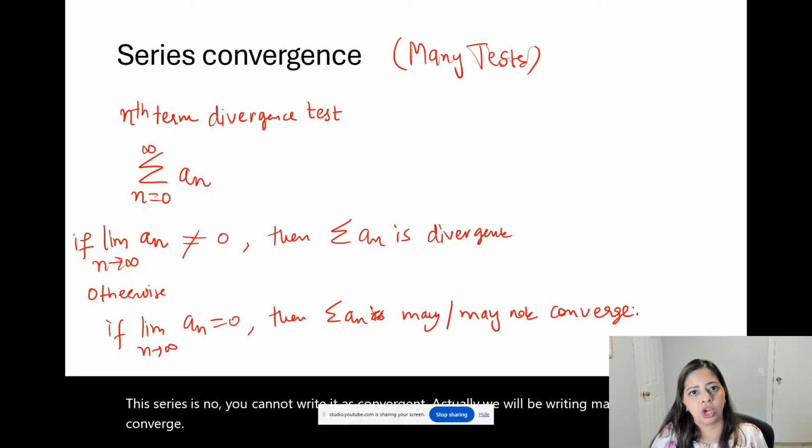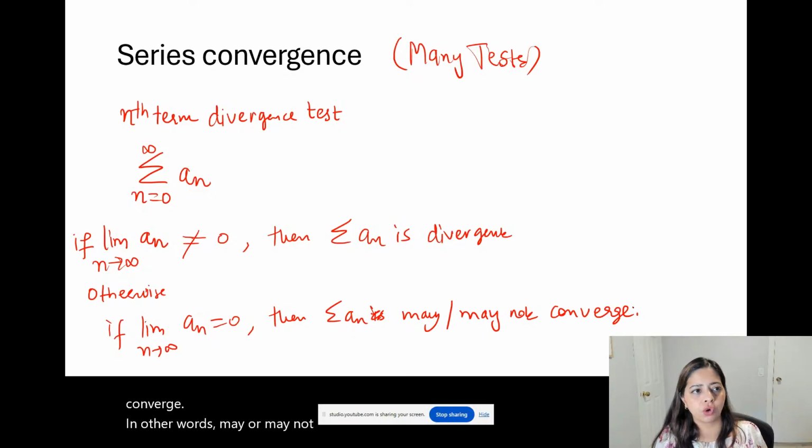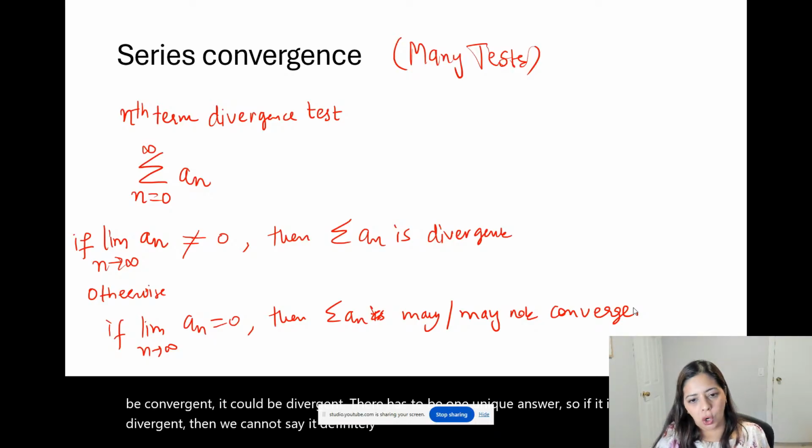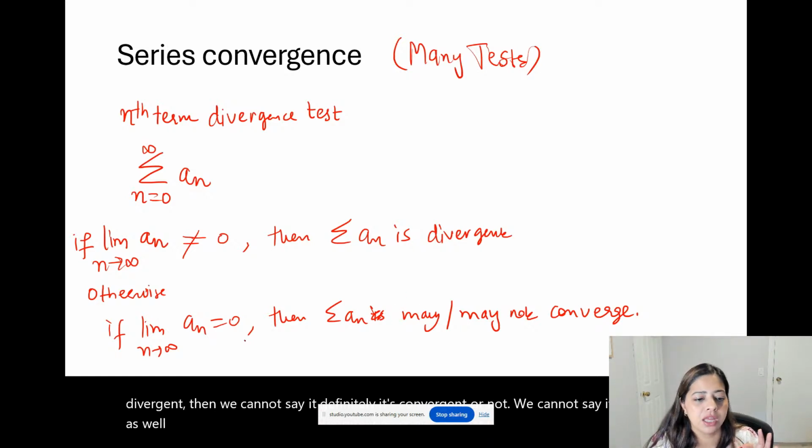In other words, may or may not diverge. Because a series could be one of the things, it could be convergent, it could be divergent, there has to be one unique answer. So if it is not divergent, then we cannot say definitely it's convergent or not. We cannot say it's divergent as well or not divergent. In other words, if the limit is zero, you cannot imply anything from this test.